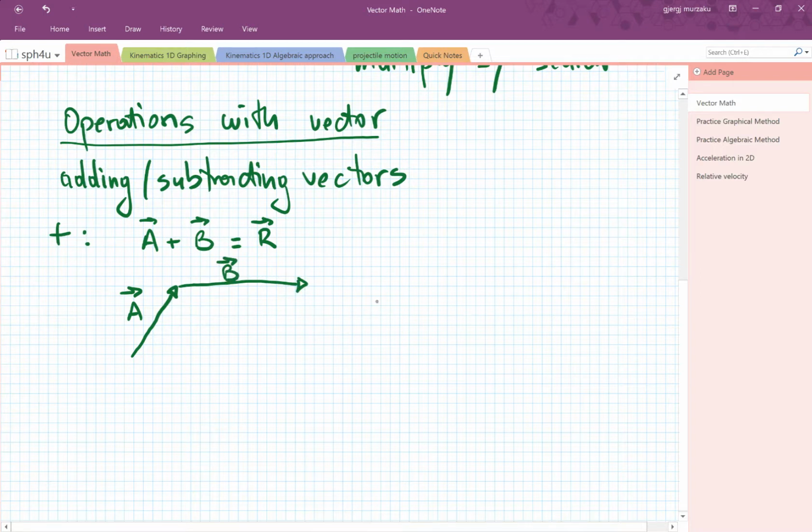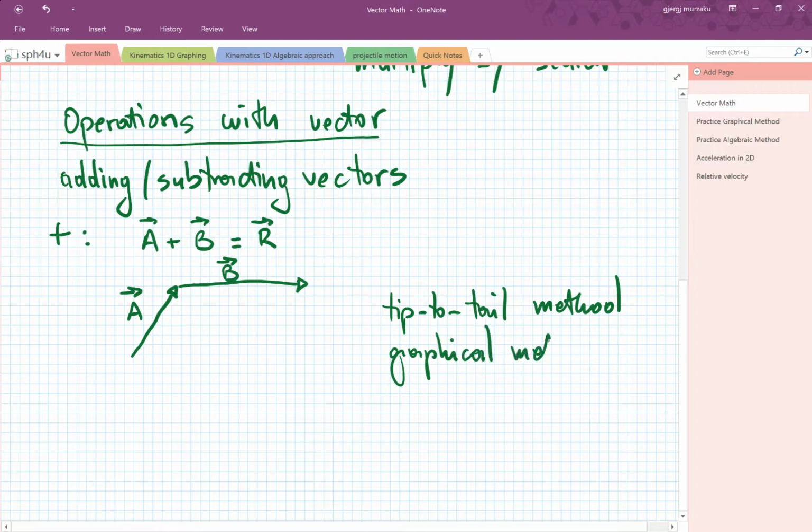What we did here, we put them tip to tail, a method also known as the graphical method. So what we do is we put the tip of the first one into the tail of the second one, and so on and so forth.